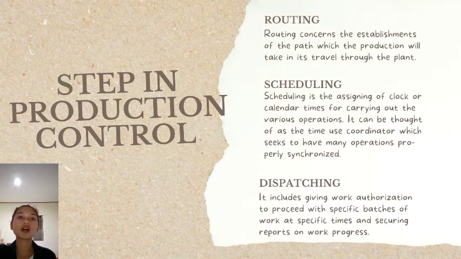Among the additional duties covered by dispatching are information on progress at each important production step, the quality of the work produced, and making arrangements when the original plan is not carried out.